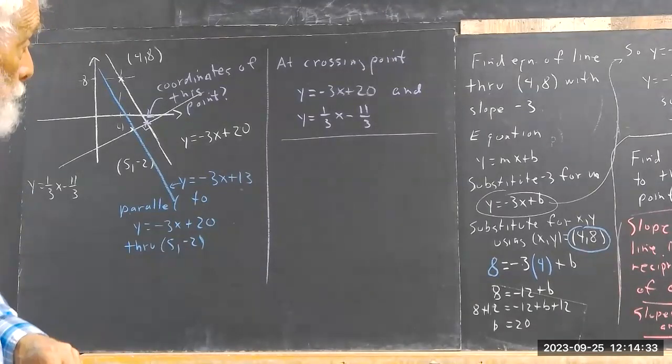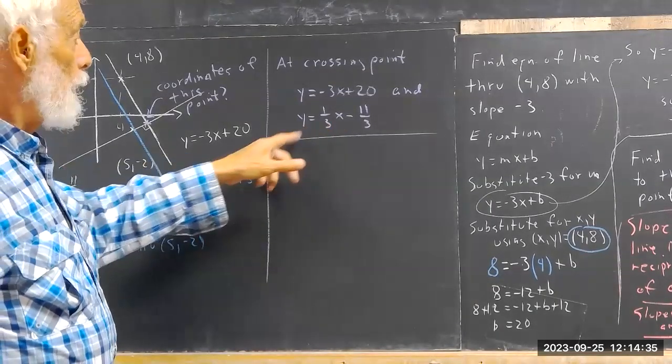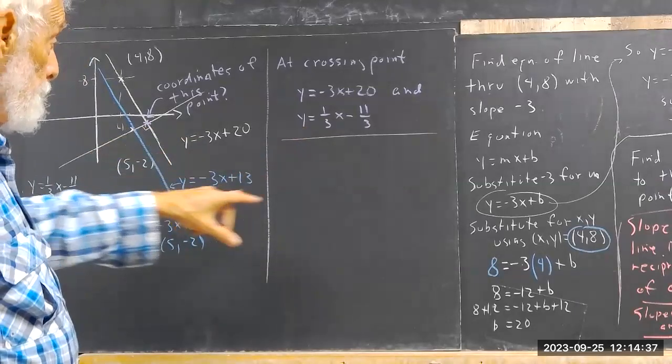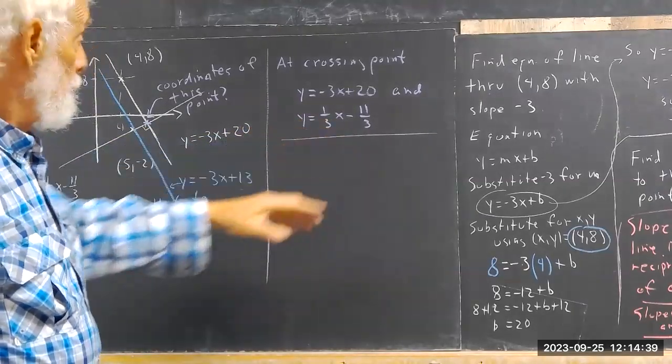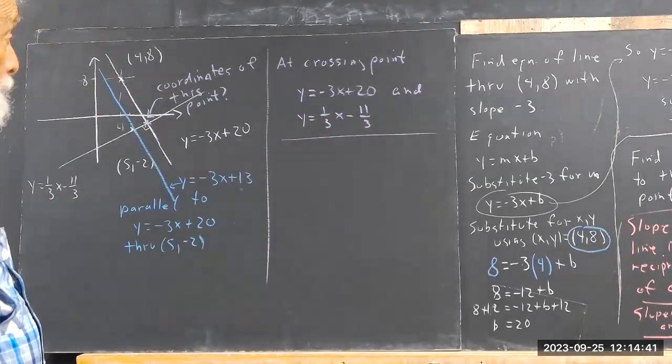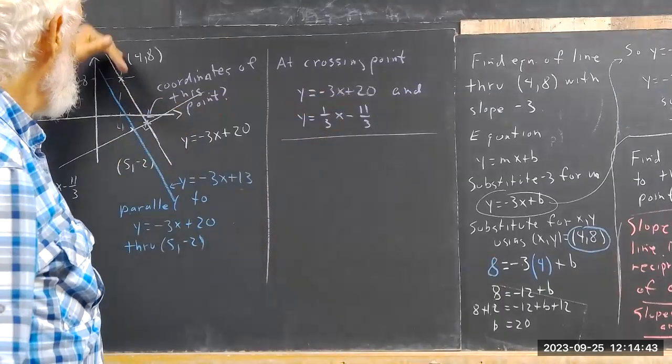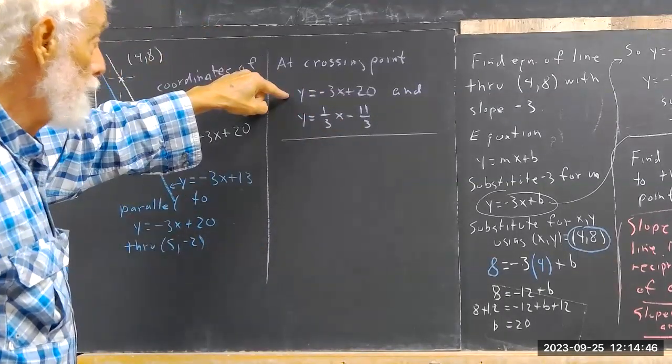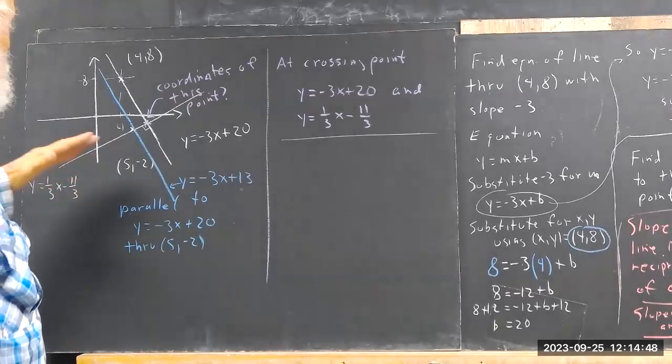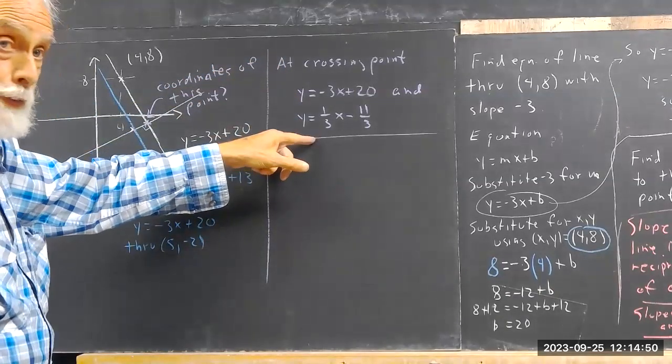And again, this just says that the x and y coordinates, whatever they are at this point, have to satisfy both equations. The point is on this line, so it satisfies this equation. The point is on this line, so it satisfies this equation.